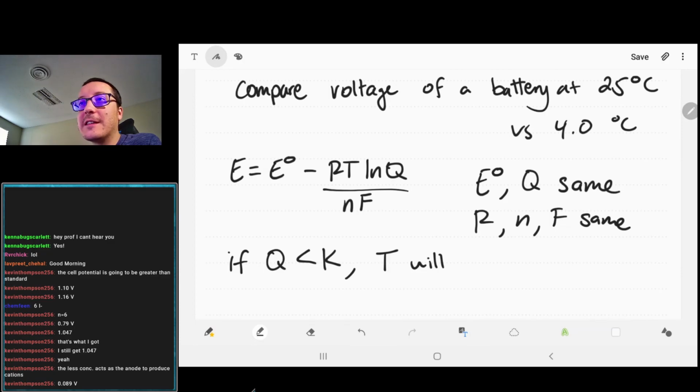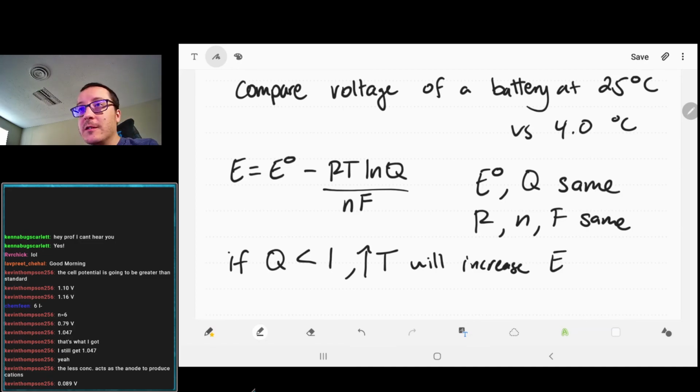If Q is less than K, we're just going to assume that ln Q is going to be negative, we'll say less than 1. And that means that an increase in temperature will increase our potential.